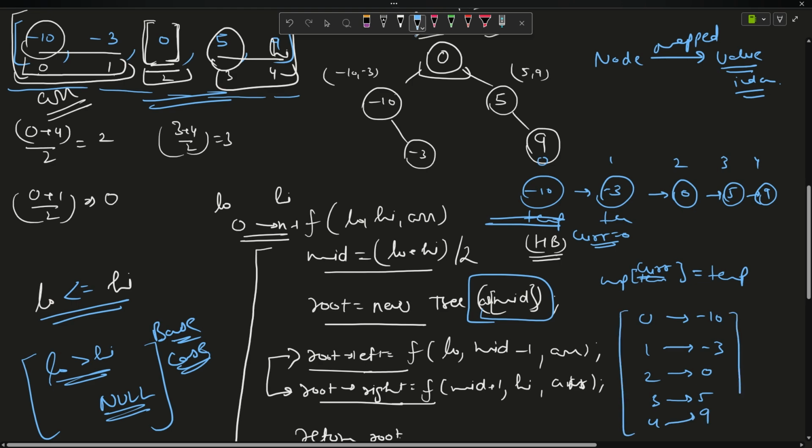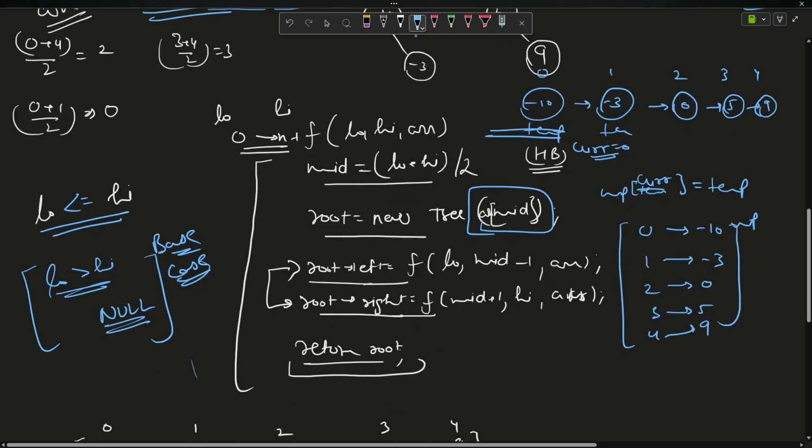In this case, you will have got a map. Now for this map, instead of getting ARR of mid, you can just use MP of mid, and all the things will remain the same.